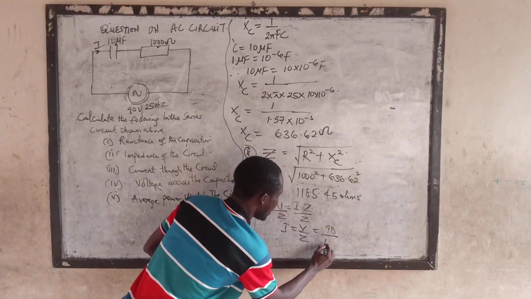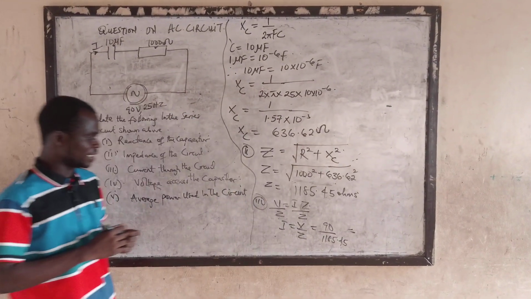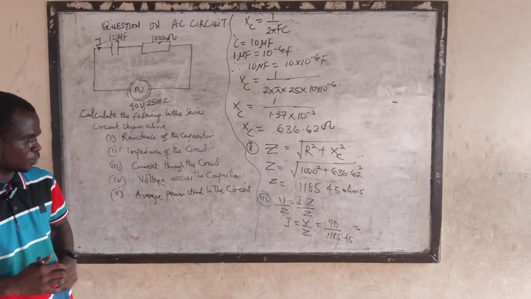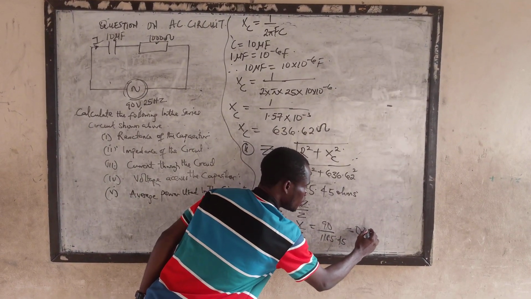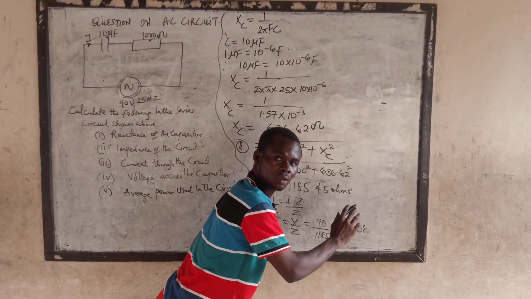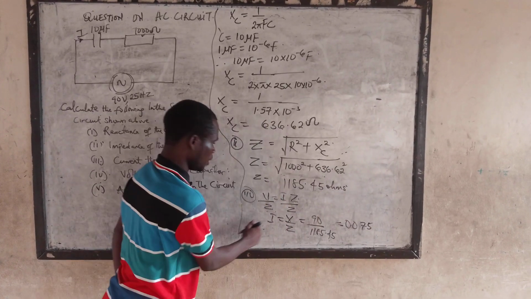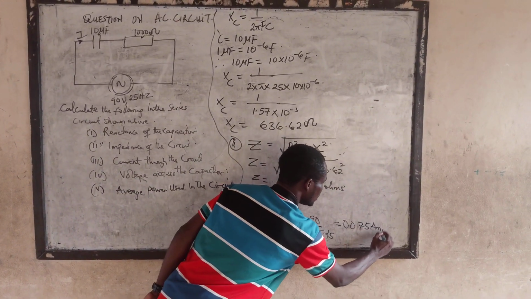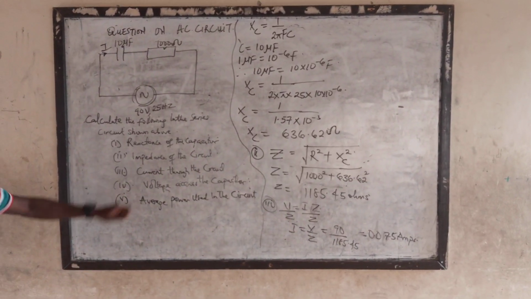That is 90 divided by 1185.45, which is 0.075 amps. We have the current now.